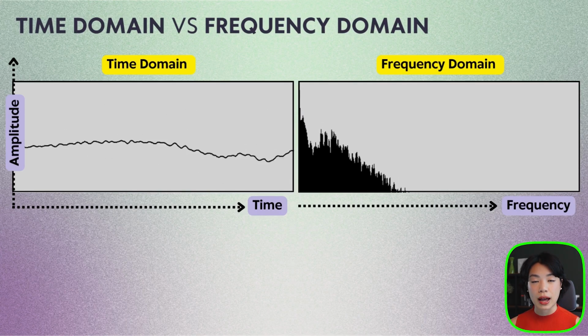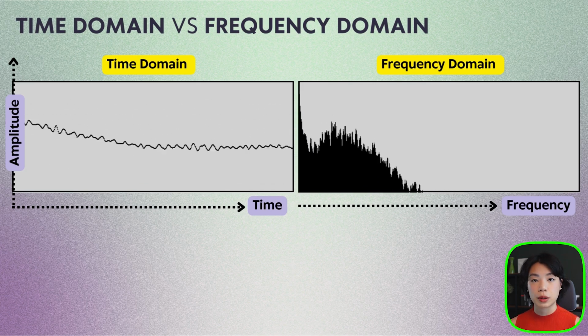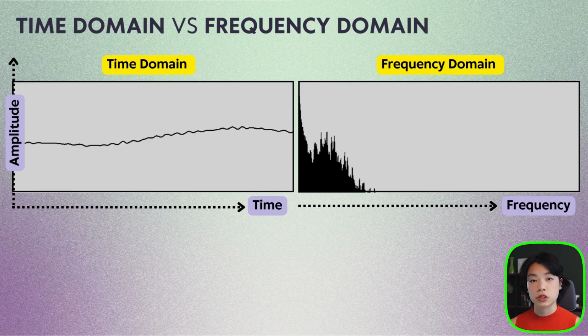It is going to be represented in a different kind of graph called a frequency domain graph, where the x-axis represents frequency and the y-axis represents the amplitude specific to that frequency. Now that you understand the basics of FFT and the differences between the time domain graph and the frequency domain graph, let's try to implement it in our P5 sketch.